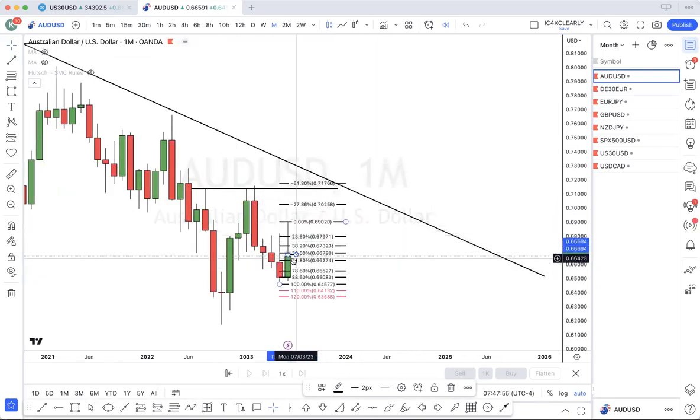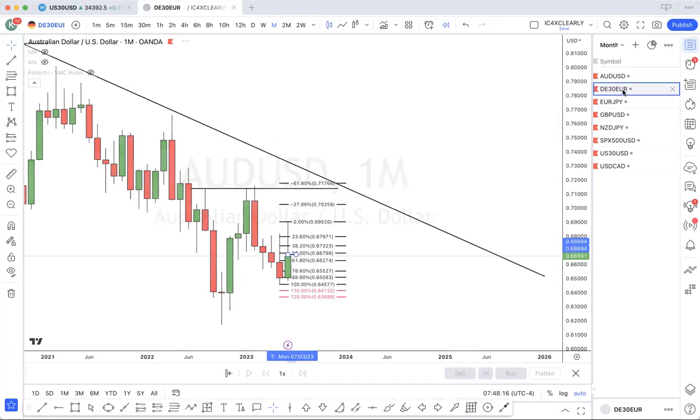This could be the retracement, and then there could be a little further. Price may push down a little bit before heading back up for the month. Okay, that's AUD/USD.